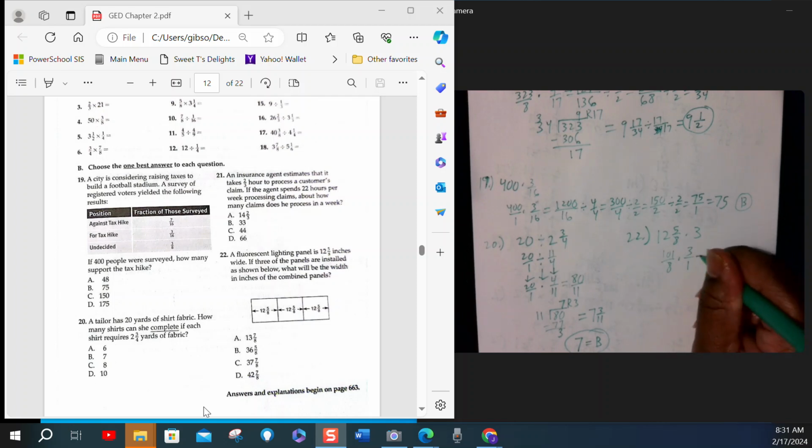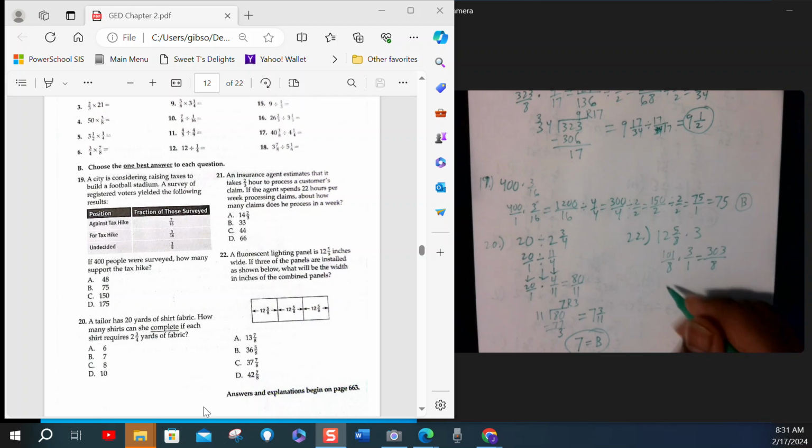Now we multiply across. 101 times 3 is 303, and 8 times 1 is 8. Now we would take 8 into 303 because they have nothing in common. 8 doesn't go into 3, but 8 goes into 30 3 times. 3 times 8 is 24. 30 minus 24 is 6.